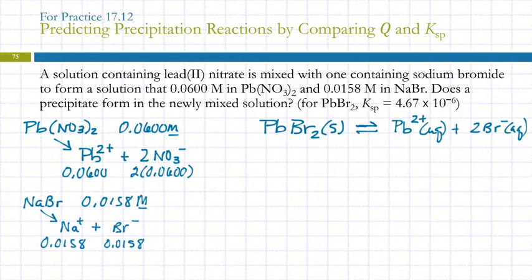What's the concentration of lead ion right when this solution is mixed? It's 0.06. And the bromide concentration?